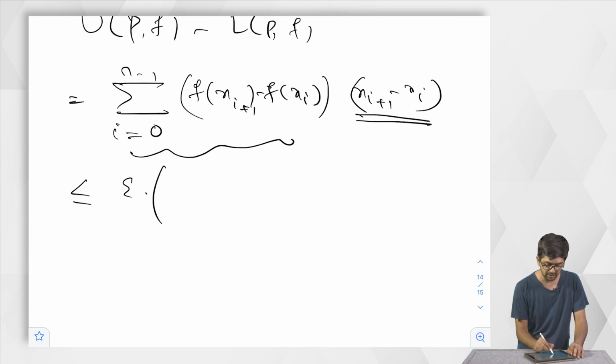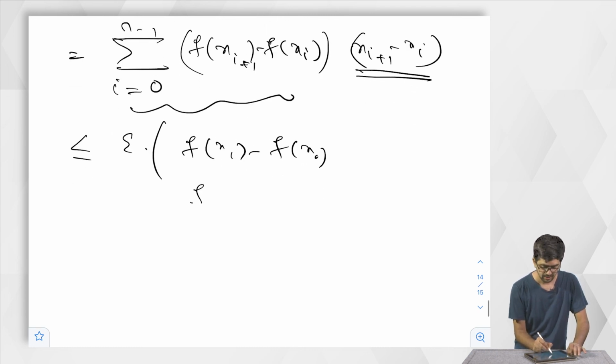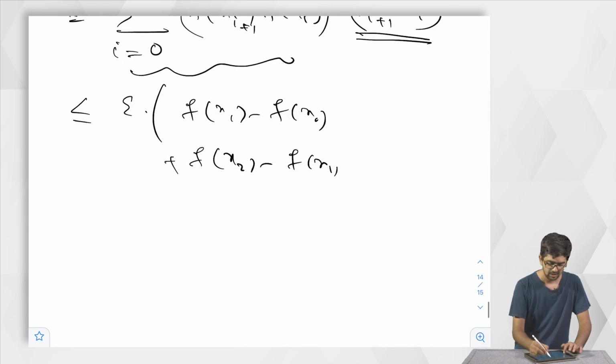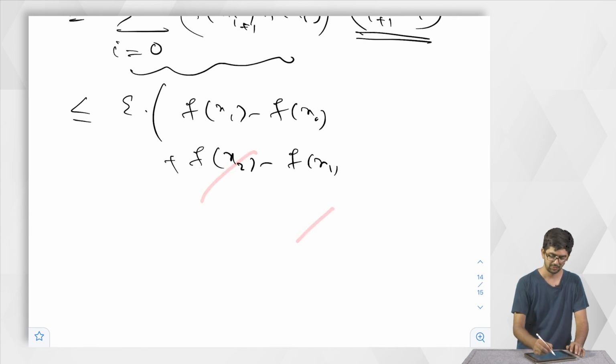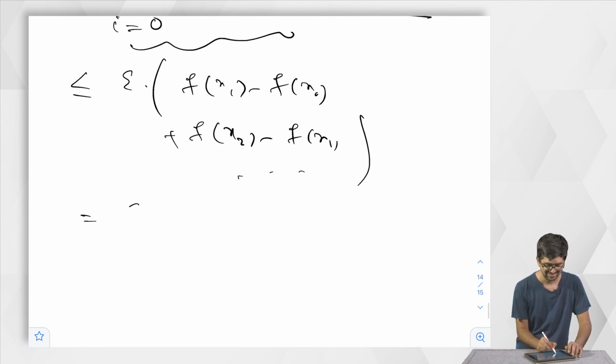At each stage we have the following: f(x1) minus f(x0), plus f(x2) minus f(x1). At the second step, this gets cancelled, at the third step, this gets cancelled. What is remaining after all the steps is epsilon times f(b), the last element, minus f(a).